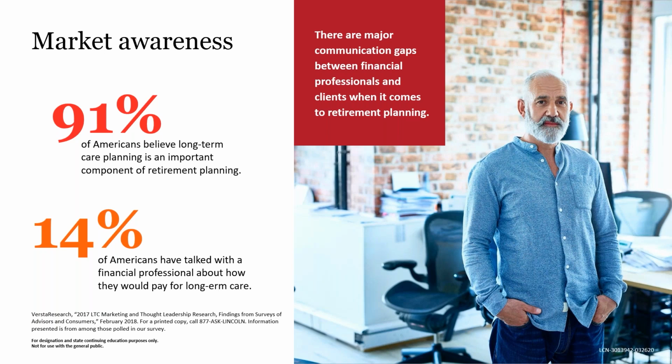One of the things, for those of you that have been in the business for a while, you may have seen this, it seems like each month is an awareness month of something. It's 2 or 3 things. November happens to be long-term care awareness month. I think they elected that a long time ago because they know that families are often together, especially for the first time in maybe a year, at Thanksgiving.